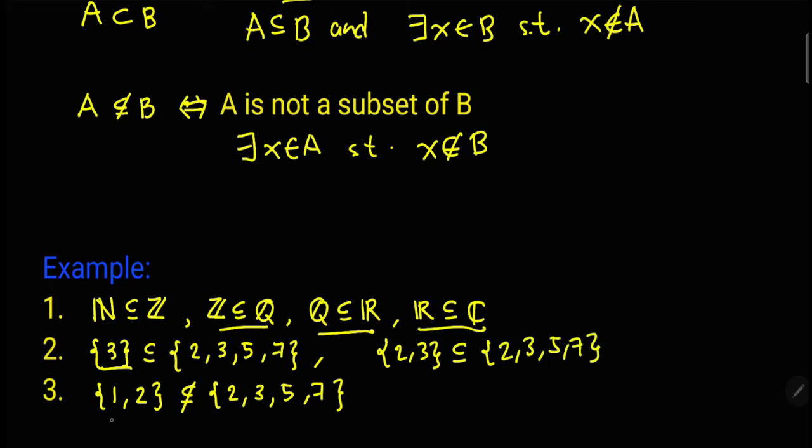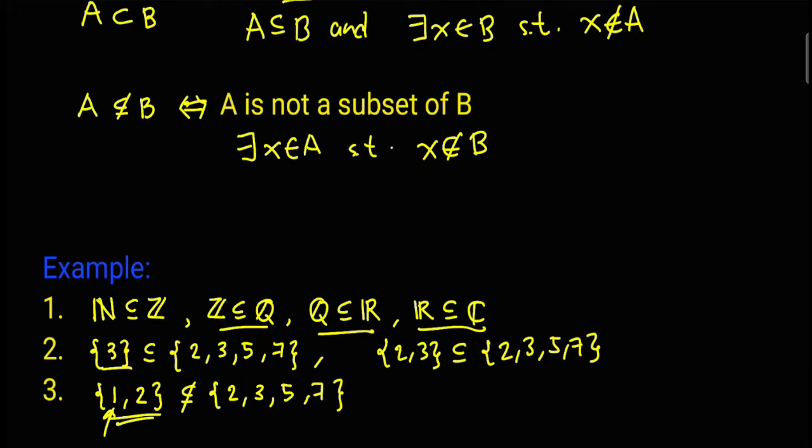Now, the set containing 1 and 2, since 1 in particular is not an element of the set {2, 3, 5, 7}, is not a subset of the set {2, 3, 5, 7}.